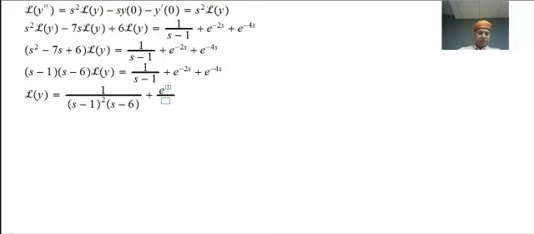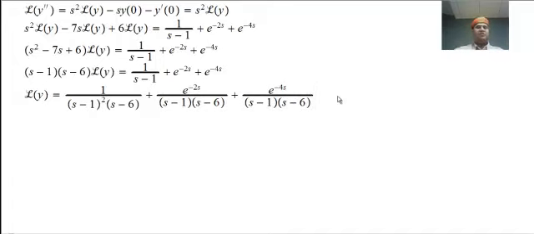E to the negative 2s over this, right? Then plus e to the negative 4s over this, right? All right, now it's going to be just recognizing the symbols and doing algebra, isn't it, right?